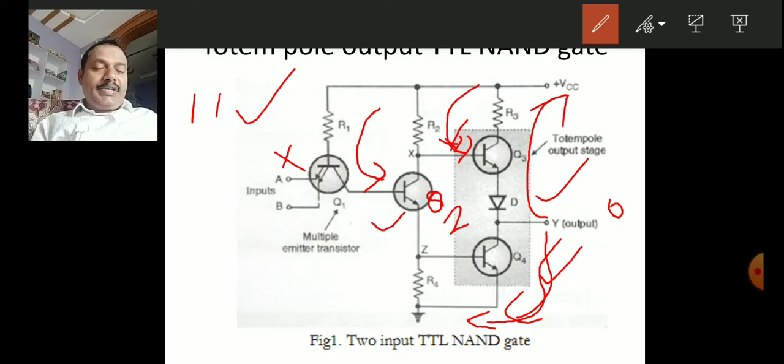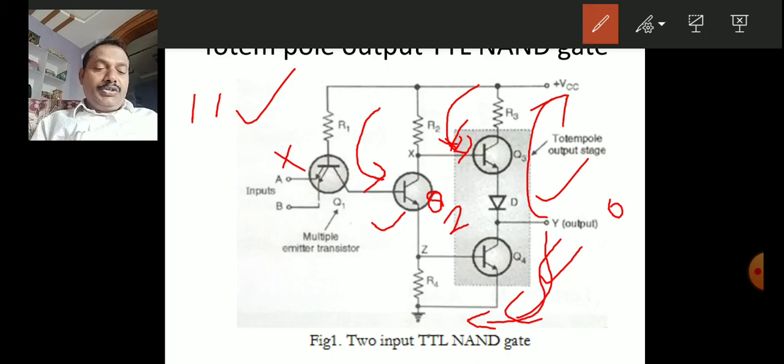Thus, it can be seen that the transistor Q3 acts as an active pull-up resistor. Why active pull-up? Generally, for open collector, we have to connect a passive pull-up resistor for the operation. But here, you need not connect an external pull-up resistor. Instead, Q3 is the transistor which acts as the active pull-up resistor.